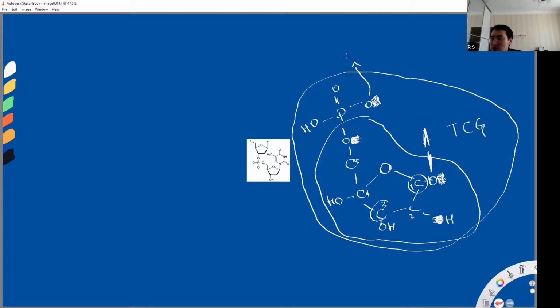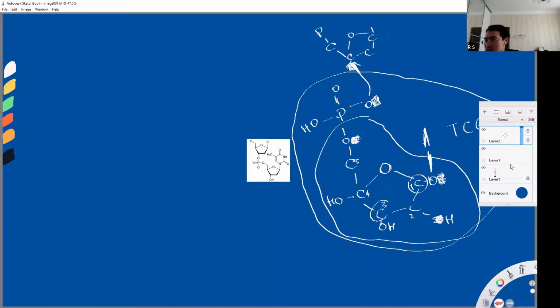So here we have another nucleotide that is directly bound to this O. So phosphate here and adenine here. And this is how it binds to another nucleotide and makes this chain.